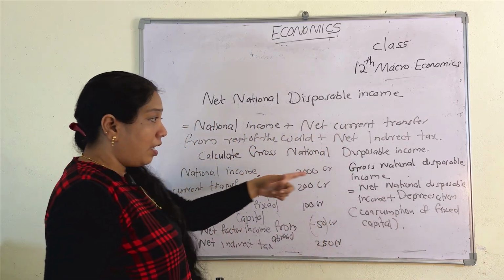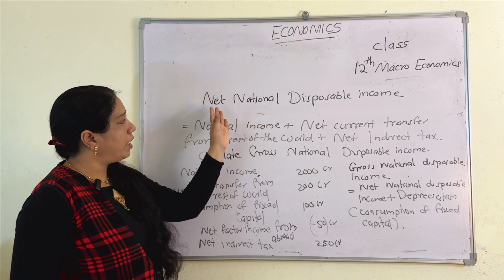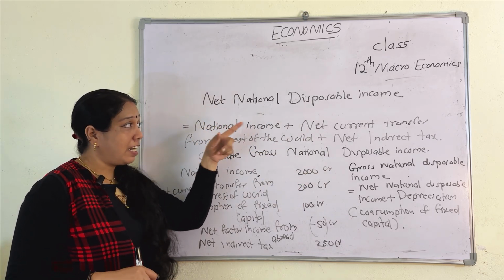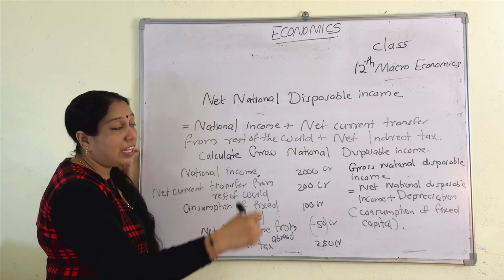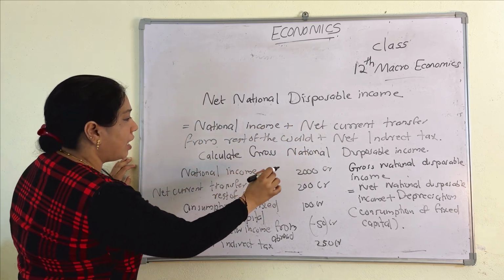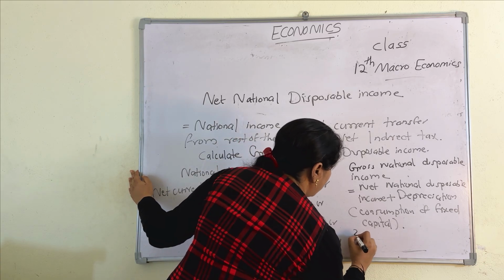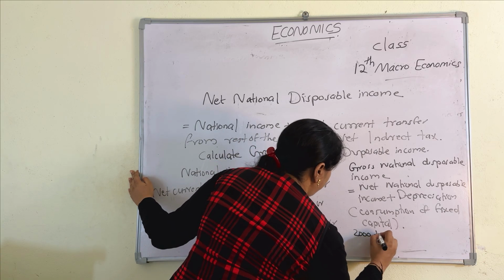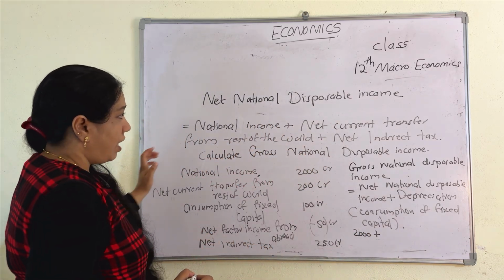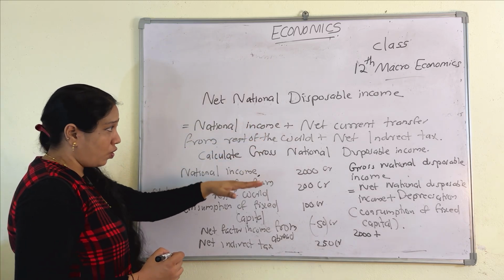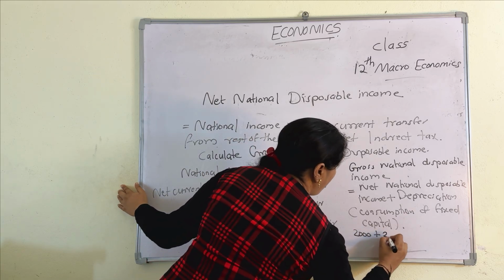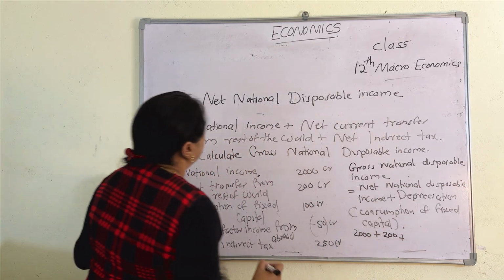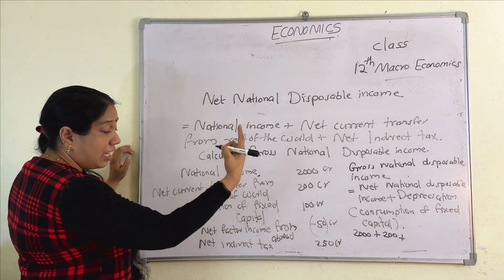Okay. Here, how to find out the net national disposable income, that we already studied. That is national income plus net current transfer from the rest of the world plus net indirect tax. National income how much? 2000 crore, plus next one is net current transfer from the rest of the world, which is 200 crore, plus next one is net indirect tax.